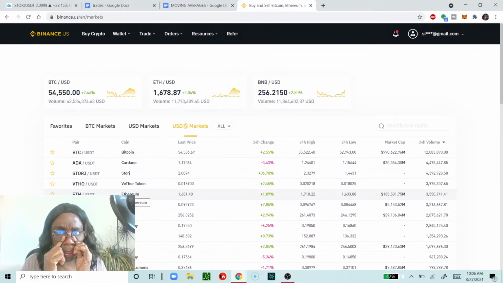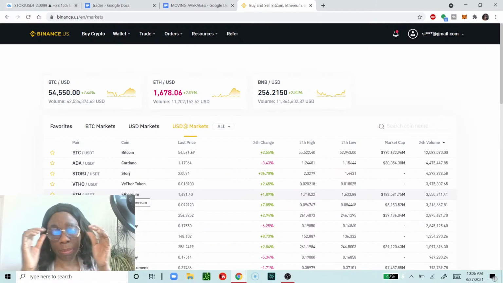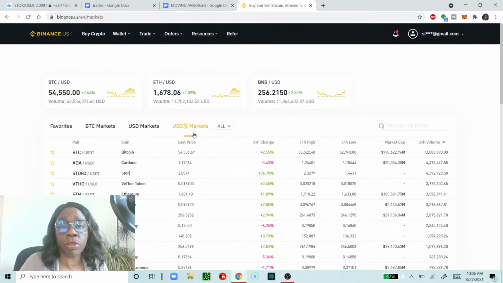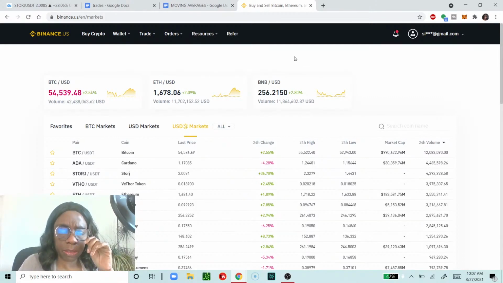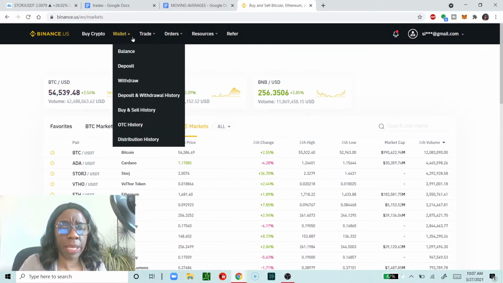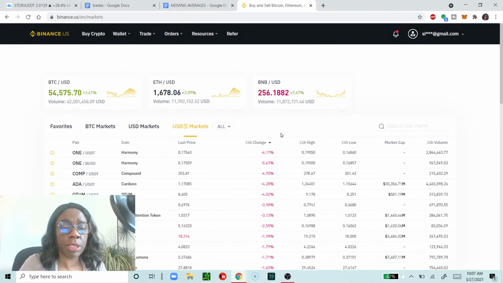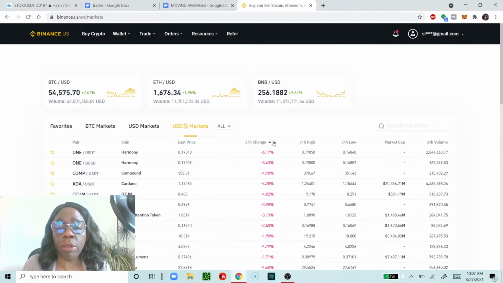Now, I would believe most of you may have Binance. I don't know, there are so many other cryptocurrency platforms out there, but Binance is one of the main ones I use. And if you go to that markets page and click on 24-hour change, it sorts the coins in terms of how much the change has been over the past 24 hours.